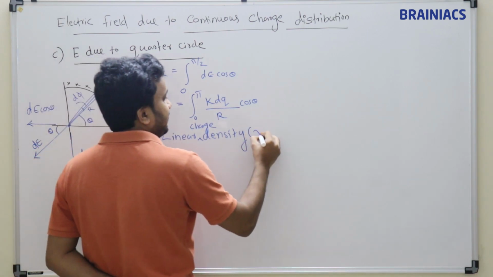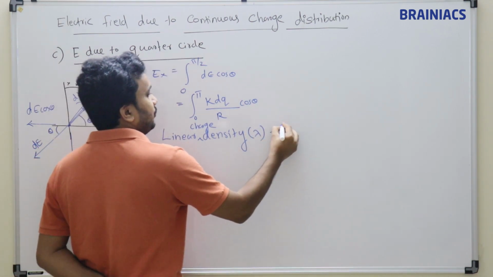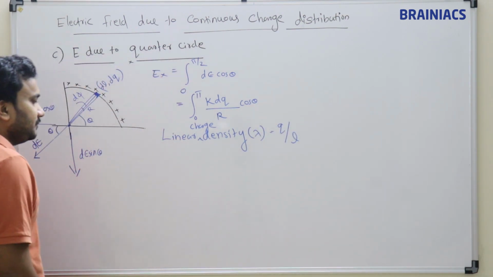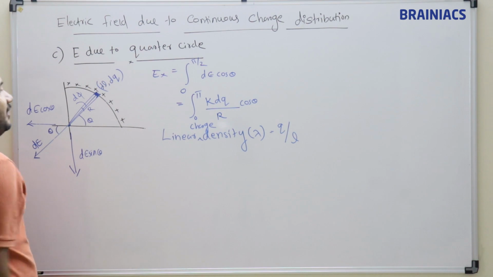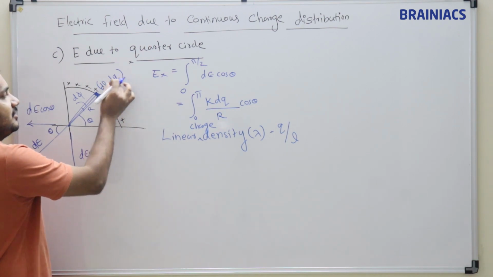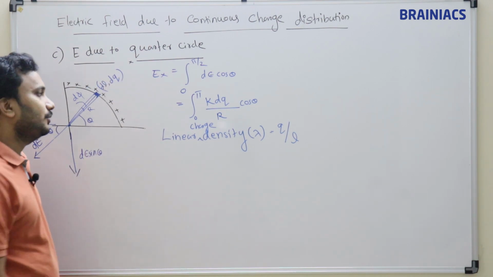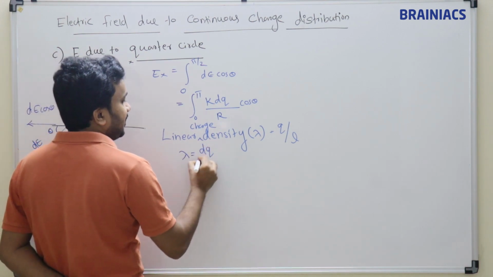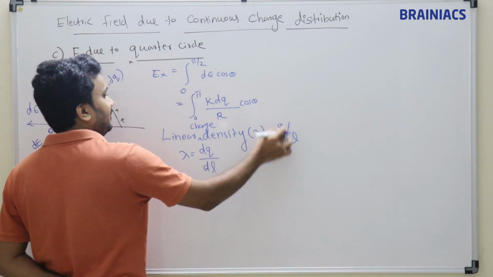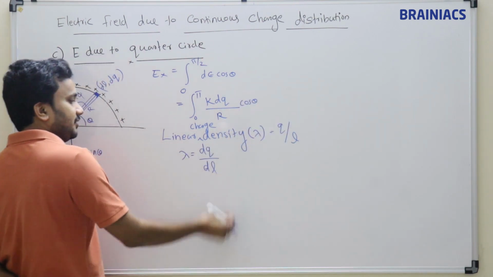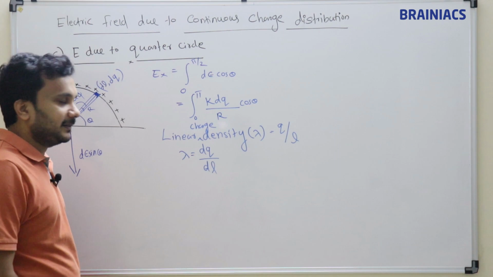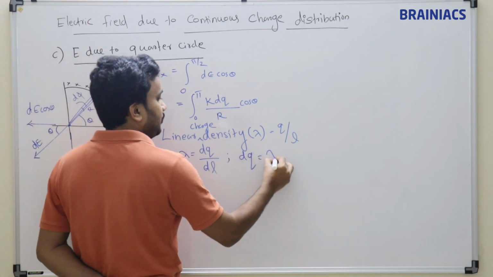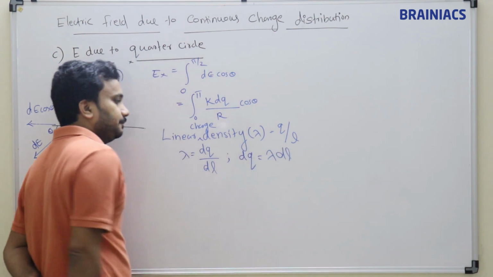Linear charge density lambda is, in general, charge divided by length. If it is a small element dl with a small charge dq, then lambda equals small charge by small length. This is for bigger charge and bigger length, and this is for smaller charge and smaller length. So from this we get dq equal to lambda into dl.